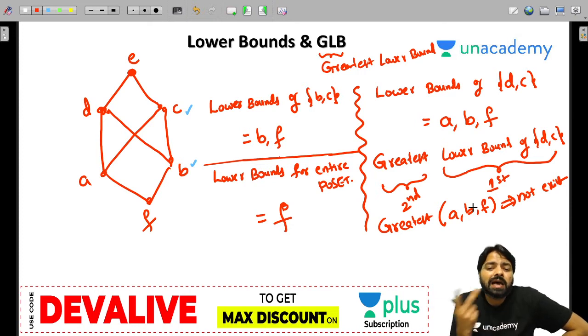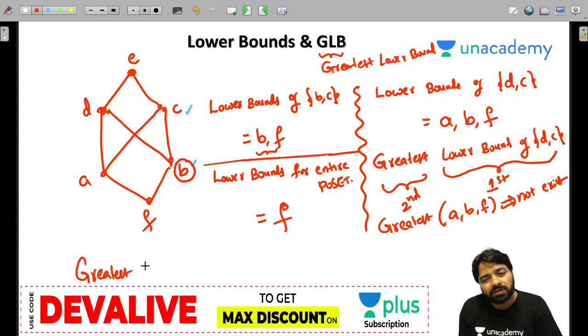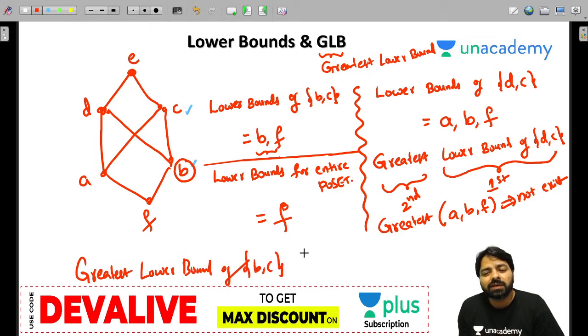Right? But who will have greatest? Look at this one. If I apply B, F, in that B and F, B is the greatest, no doubt, because B comes after F. Everybody? So if I ask greatest lower bound of B comma C, then here you need to find first lower bound.